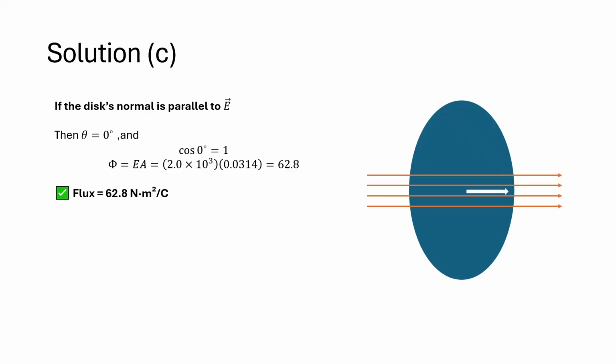So what will be the final answer? The final answer is 62.8 Newton square meter per coulomb, or you can round it off to 63. So in letter C, the electric flux is equal to 62.8 or 63 Newton square meter per coulomb.